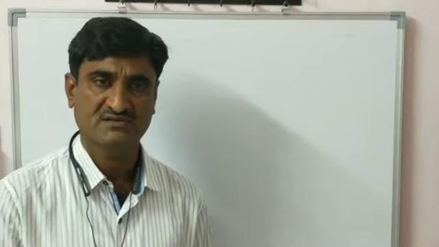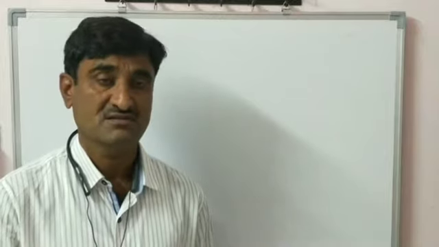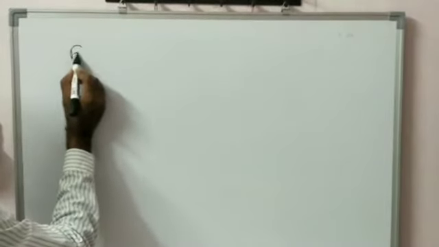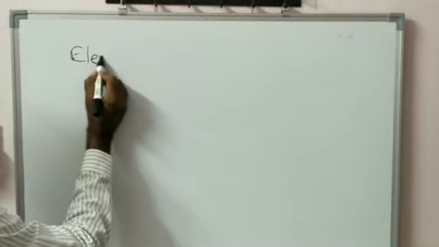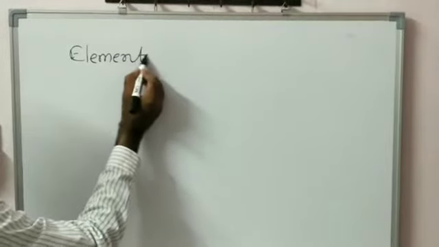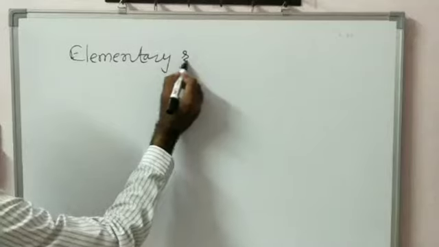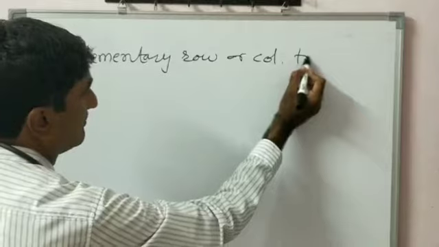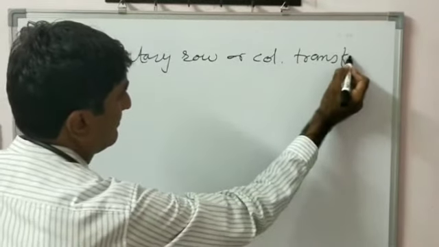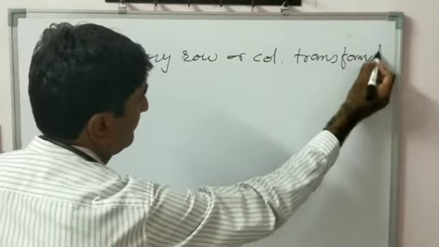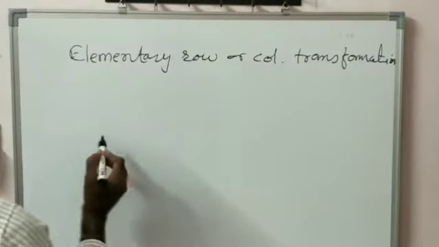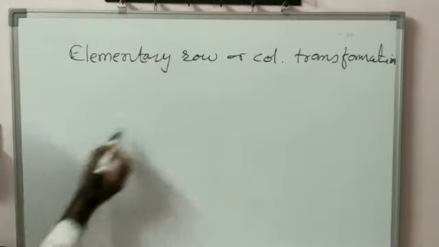Let's first understand the elementary transformation, either row transformation or column transformation. Elementary row or column transformation.